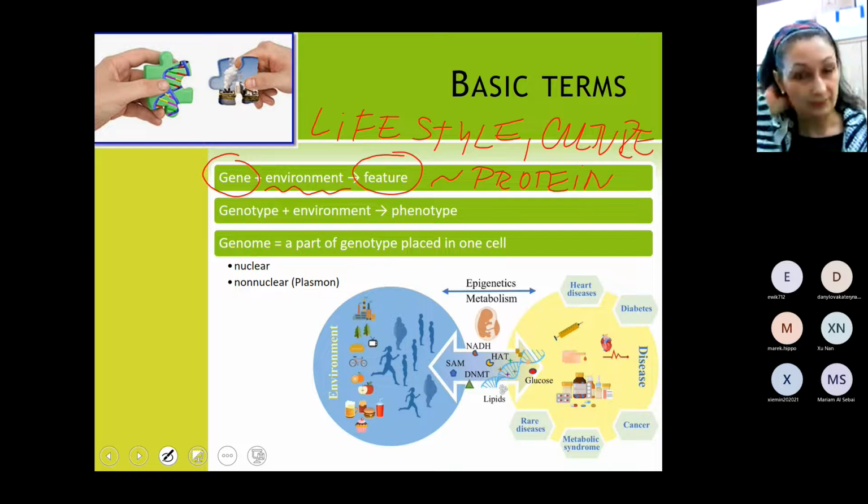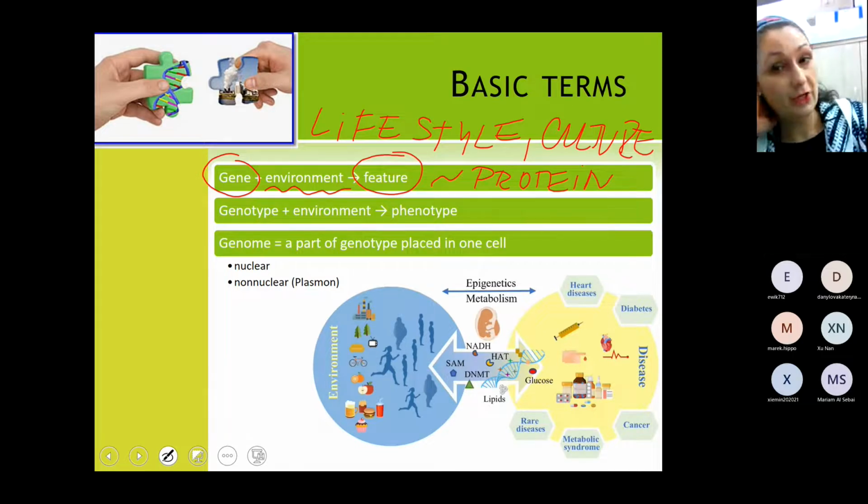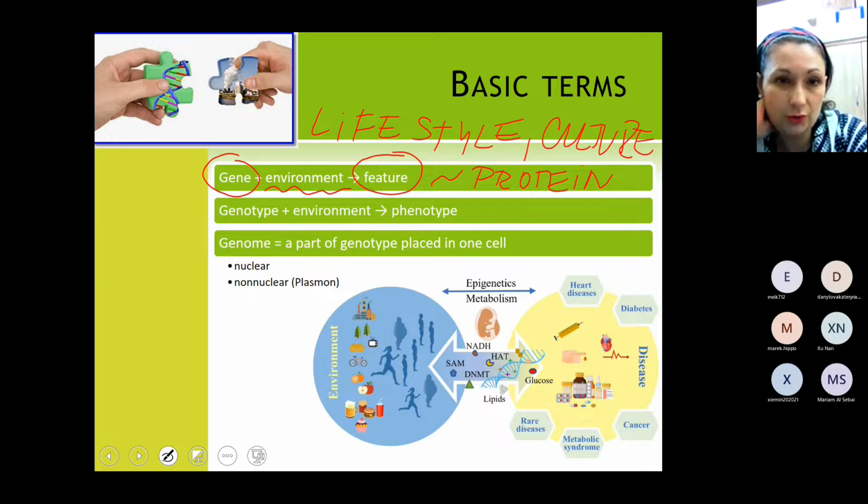I have to mention, because we have two possibilities, we usually have two recipes for one gene. We have two alleles from our parents. So we have two possibilities how to cook one typical protein, for example, the protein insulin. So how do we choose that we are going to use the recipe from the mother or from the father?